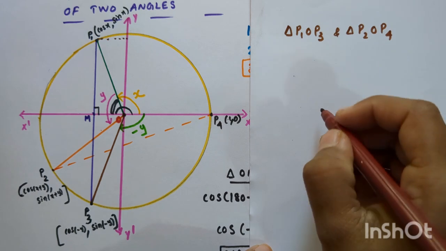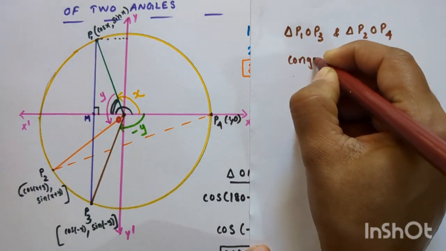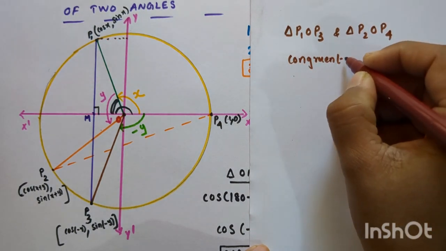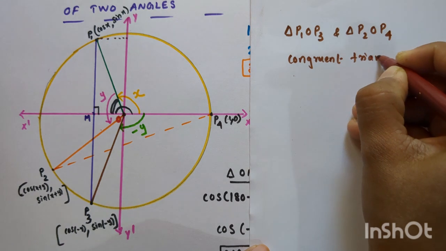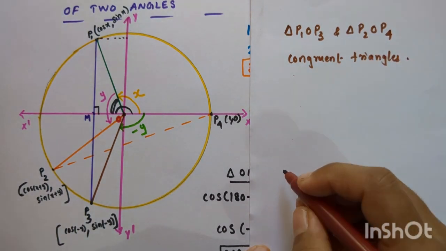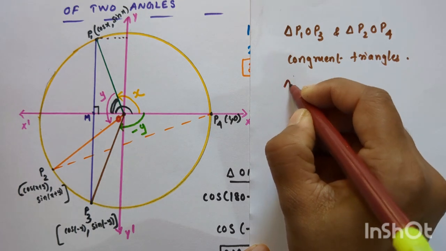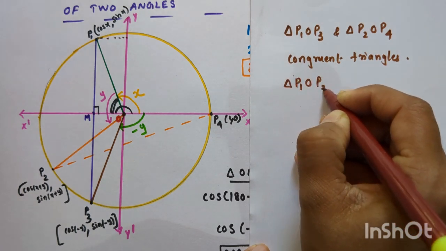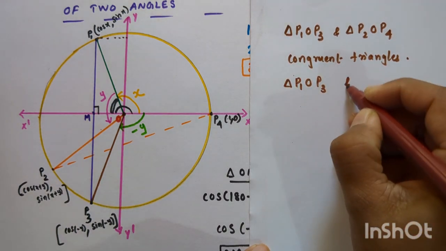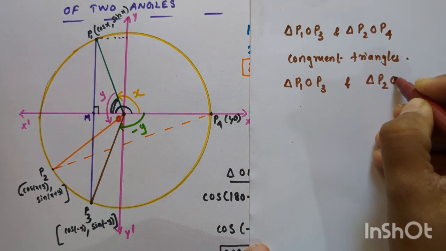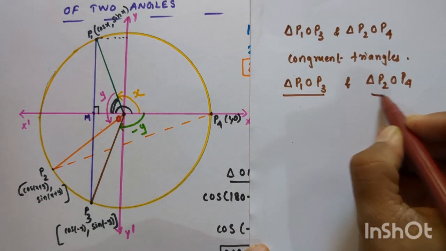You see, these two triangles are congruent triangles. Okay, why?